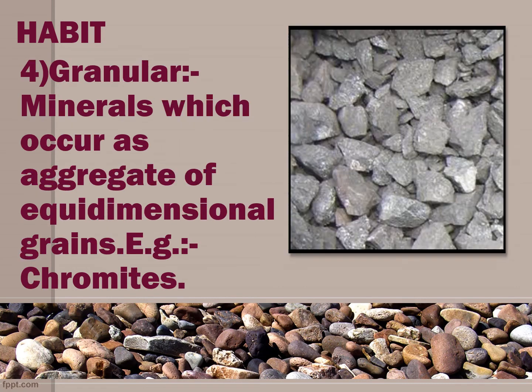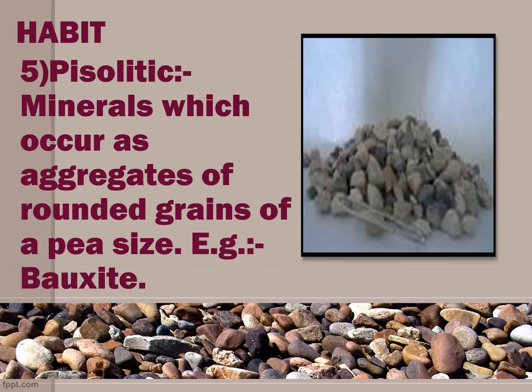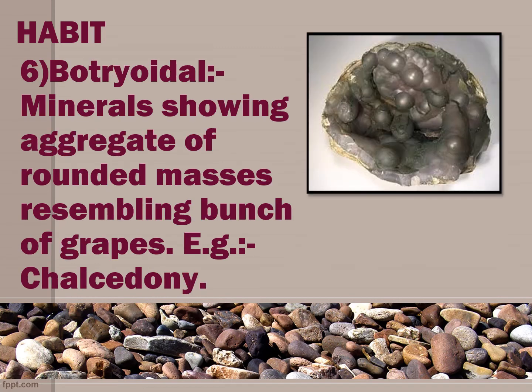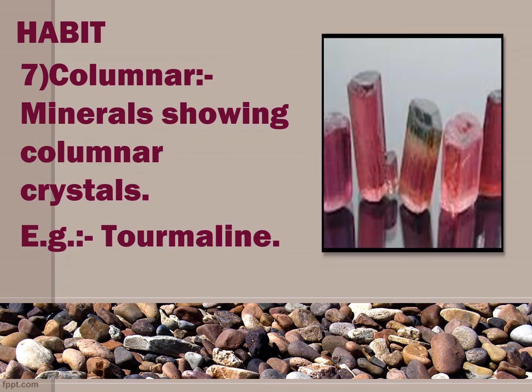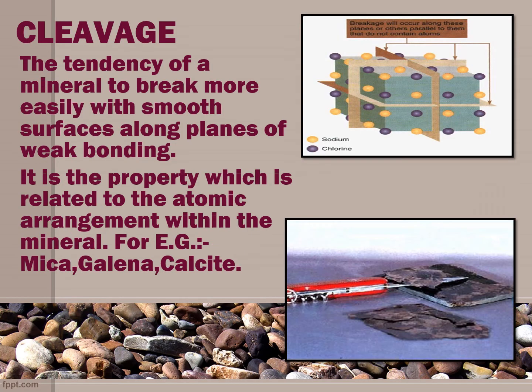Your granular, aggregate of equidimensional grains. Your pisolitic, aggregates of rounded grains of pea size, your bauxite. Botryoidal, your mineral showing aggregate of rounded masses resembling a bunch of grapes. Your columnar, such as your tourmaline, mineral showing columns, kaya nga columnar.